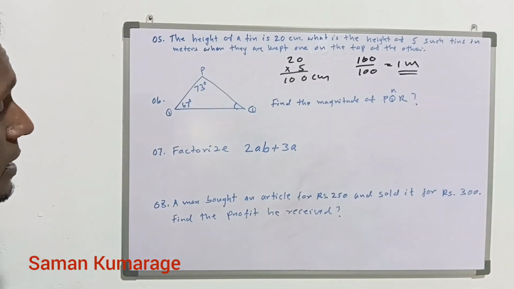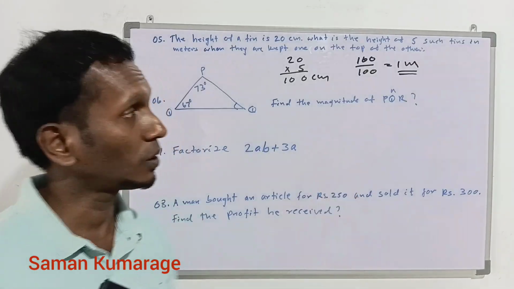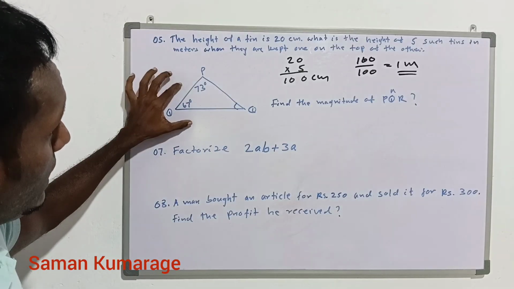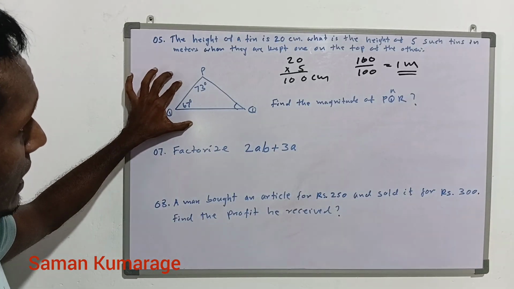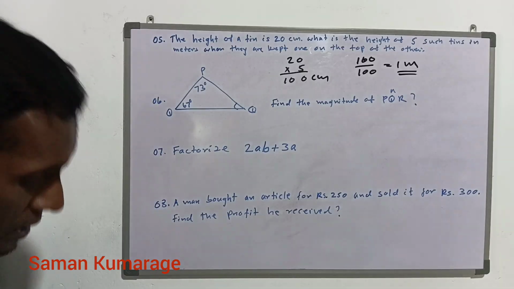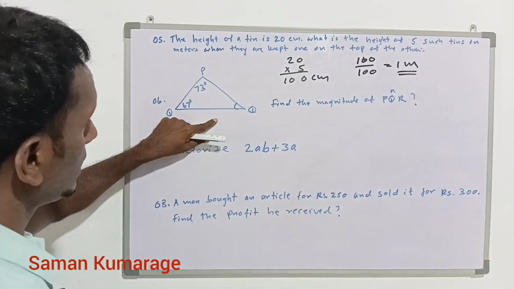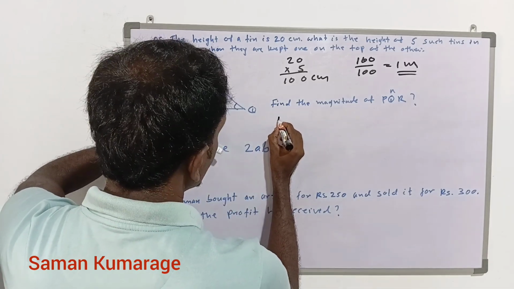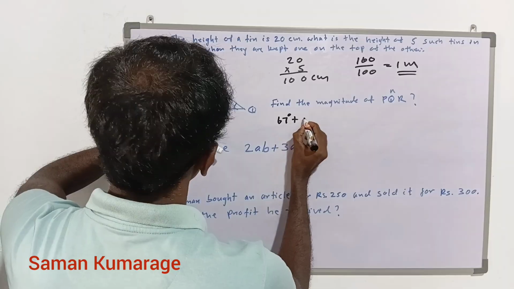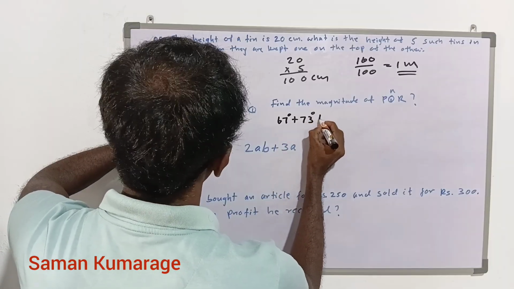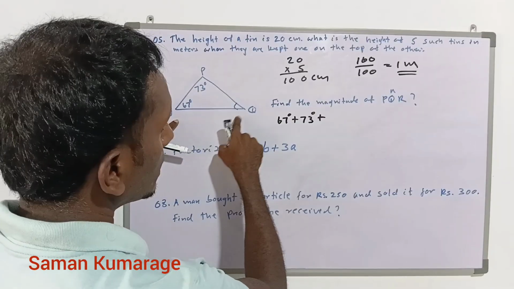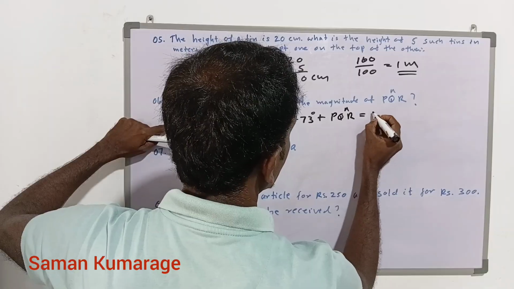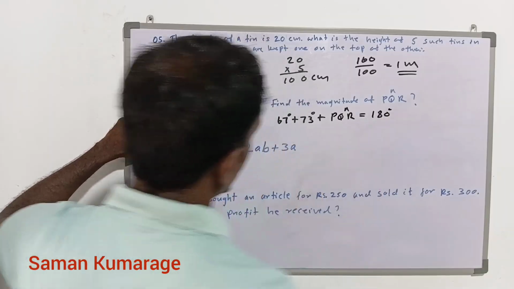We have studied in the 10th theorem that the sum of all three interior angles of a triangle is equal to 180 degrees. Therefore, we can write an equation using these given values. 67 degrees plus 73 degrees plus angle PQR equals 180 degrees.